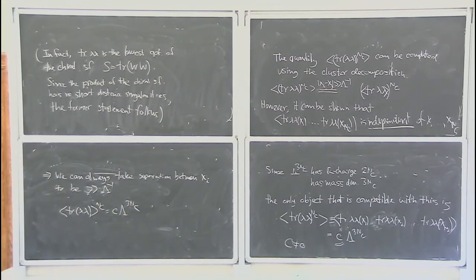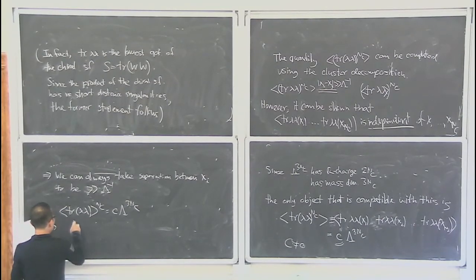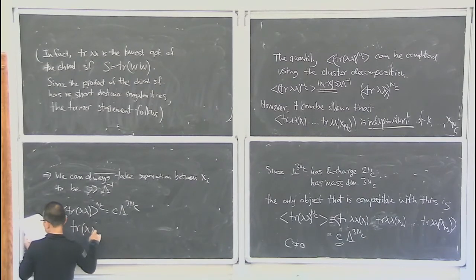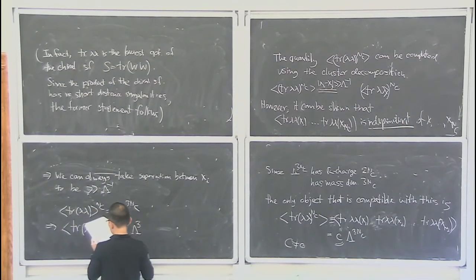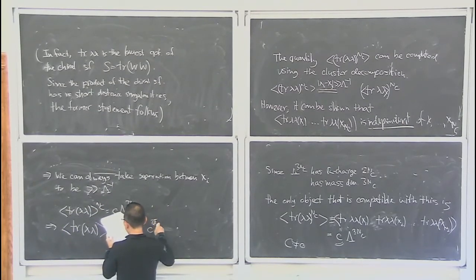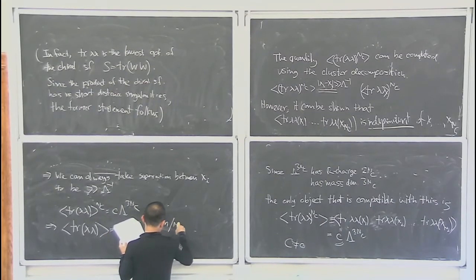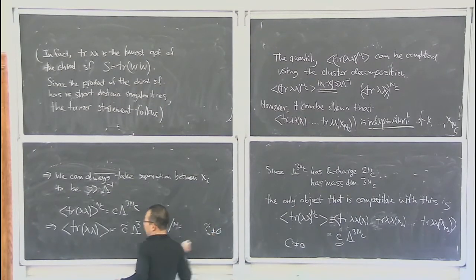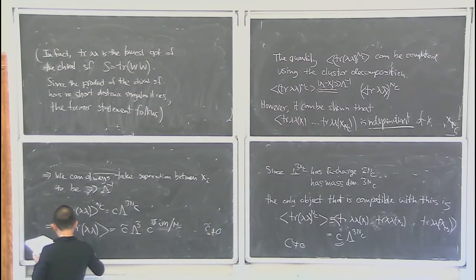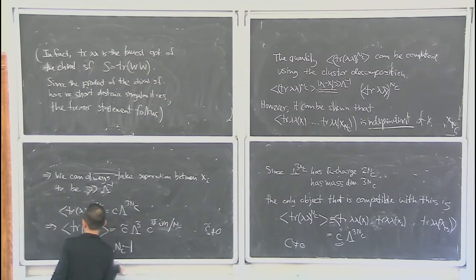Now, come to a very important result. You take the N_c-th root. Then you have trace lambda lambda equal to c tilde lambda cubed e to the 2 pi i m over N_c. Okay? c tilde also non-zero. m goes from 0, 1 up to N minus 1.